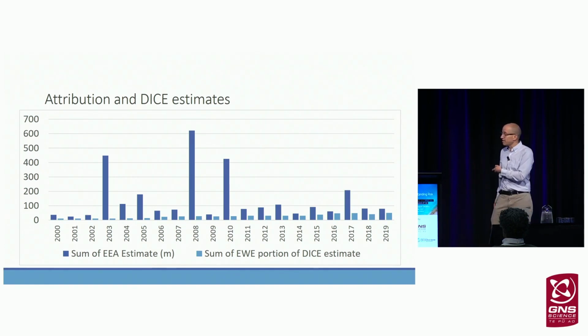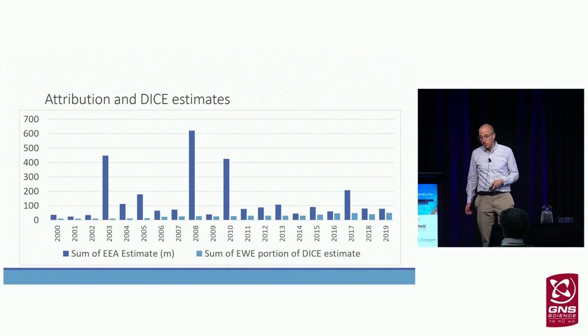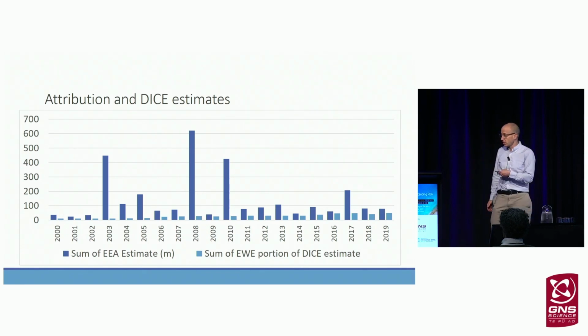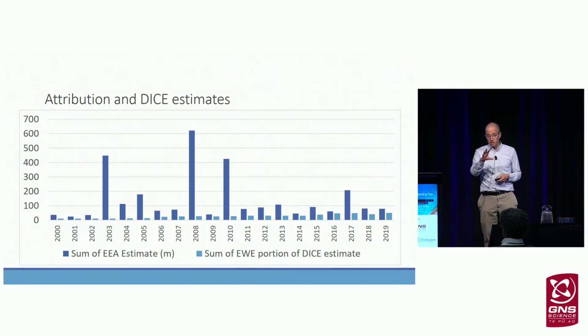So we are comparing the DICE numbers, the result from this Nordhaus integrated assessment model, to our numbers. Okay? So the little bars there are what the economic models say that the cost of climate change is. And our numbers is just for extreme weather events.